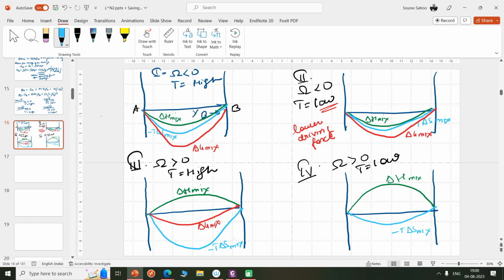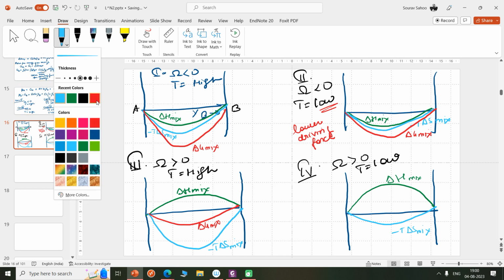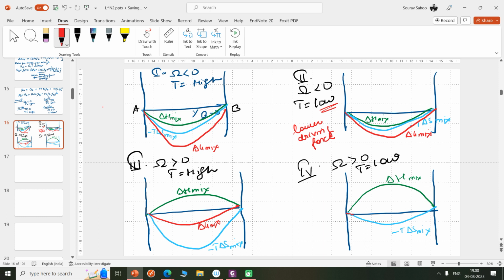So this term is highly strong at the edges, and that's the reason why we have the net change in free energy as negative here. Then it goes to positive, and then it goes again back to negative at the edges, just because the slope of the T delta S mix is very, very high at the edges.